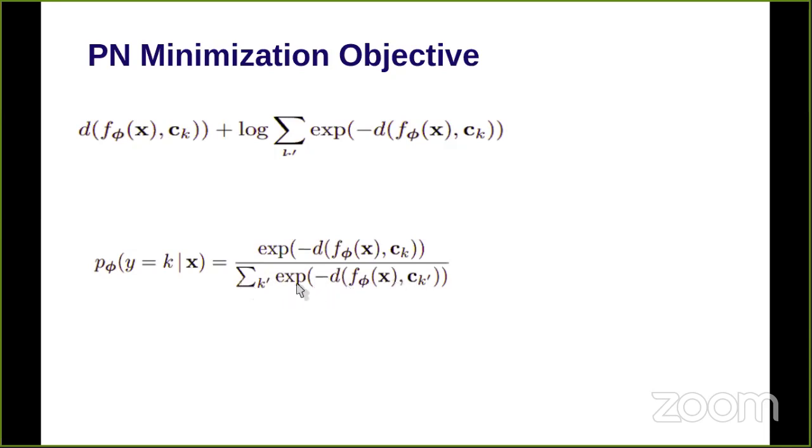This is a kind of softmax over all the distances, and this gives the probability. If we take a log of this, the end result will be this equation. This is our negative log probability function that we want to minimize.